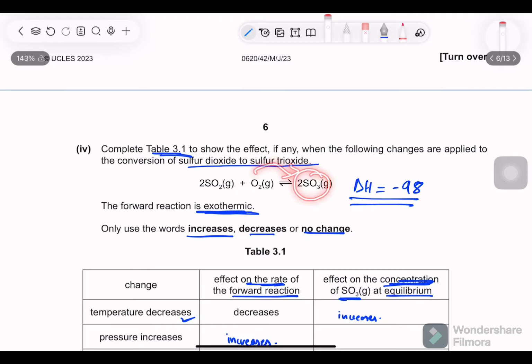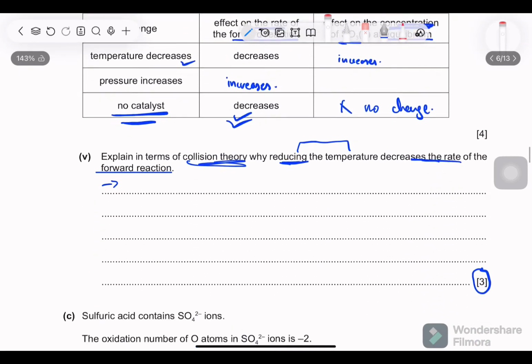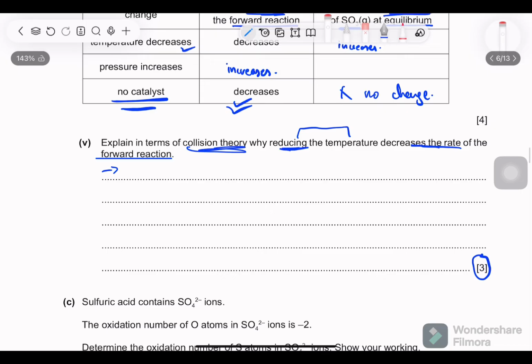That's why the concentration of sulfur trioxide increases. So the reaction is moving towards the right, but still the rate of the reaction is decreasing because the temperature is decreased. The equilibrium moves right, but the rate decreases.